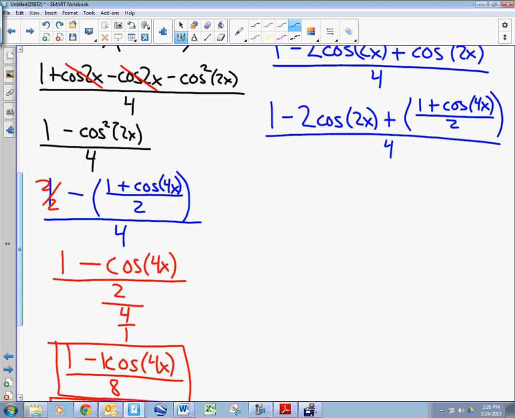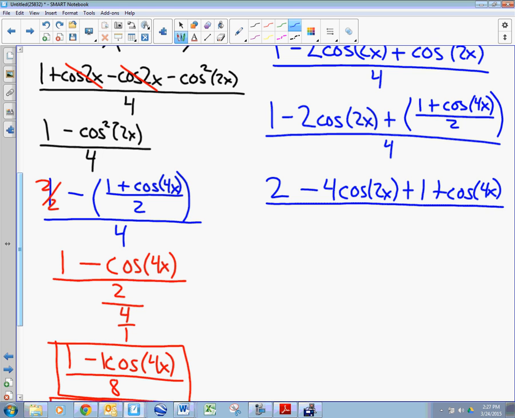Question? I have to find common denominators. What's my common denominator? 2. So I will have 2 over 2, minus 2 cosine of 2x, plus 1 plus cosine of 4x, all over 2, all over 4 over 1.